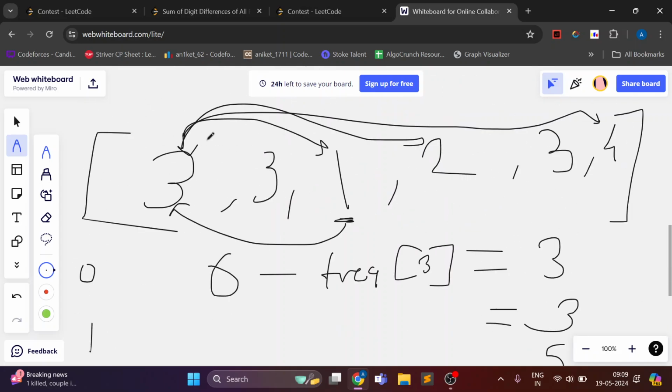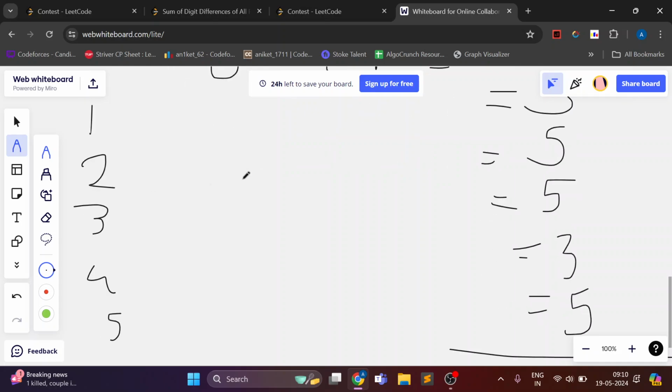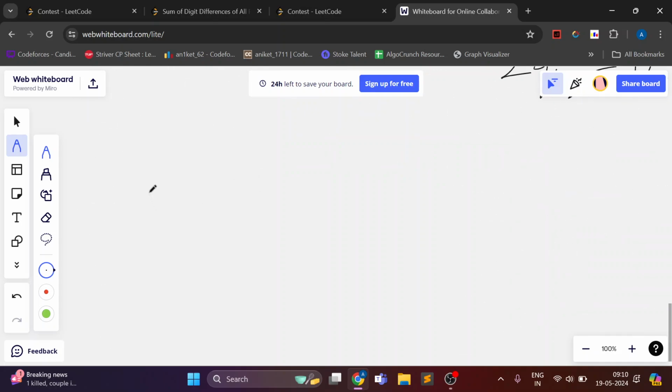arrangement. Now this is the case when we were having all of them as single digit numbers. Now what if we have two digit numbers, let's say 43.